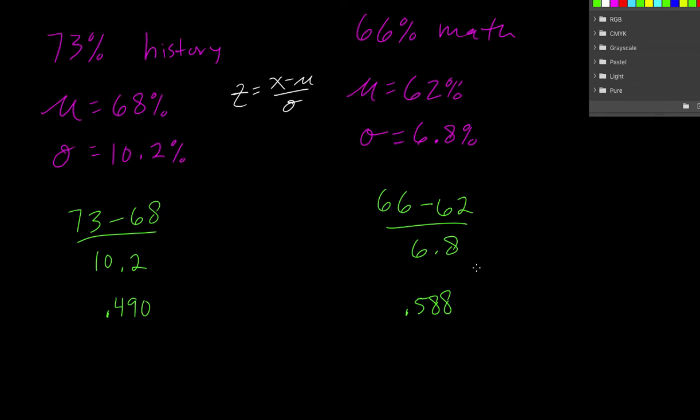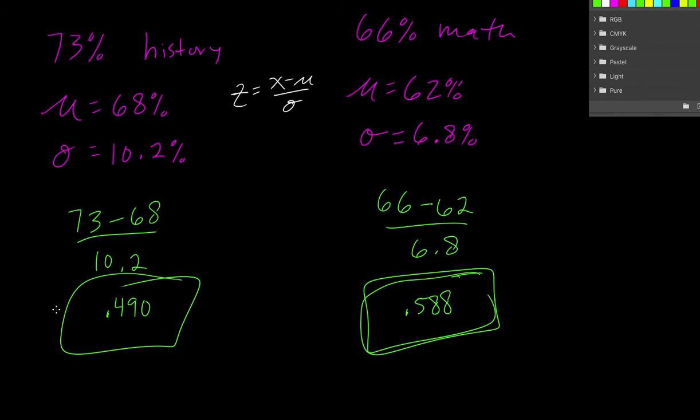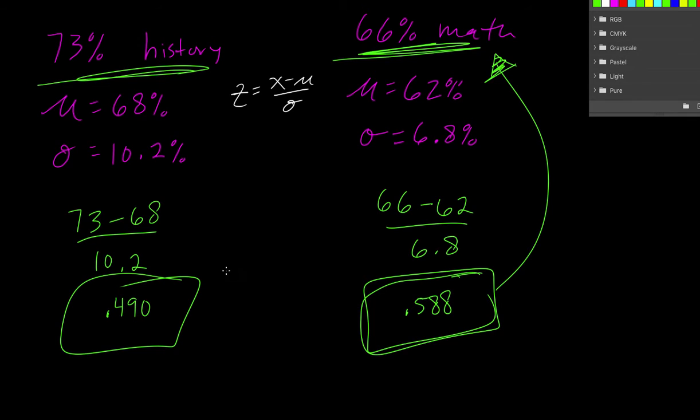Now, because this score is higher than this score, she actually did better comparatively in math, even though her actual grade was lower. Okay, so 73 obviously is better than 66, but in the context of how the rest of the class did, she actually did better on math than she did on history.